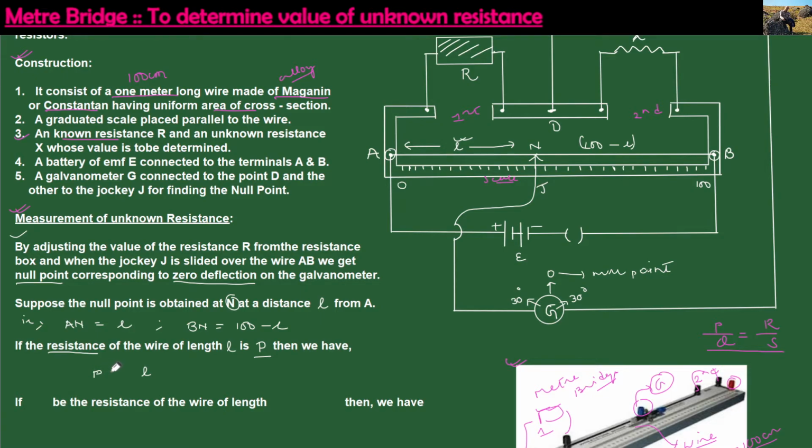So let the resistance of the wire of length L be equal to P, and the resistance is directly proportional to the length.